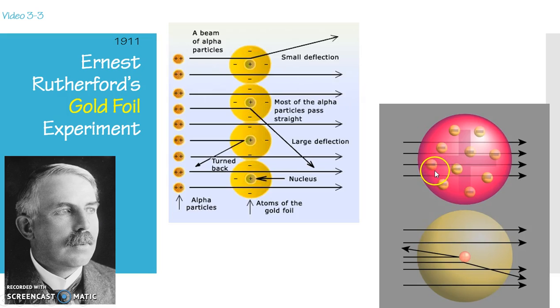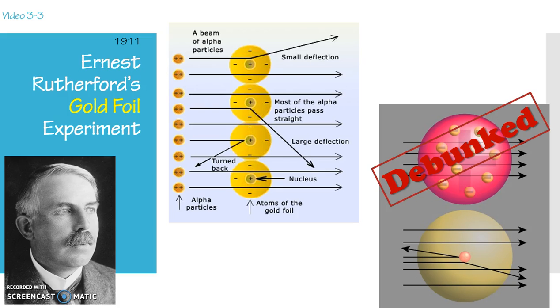So in Thomson's model, he just expected it all to go through because this positive mass in here, evidently they didn't think was really hard, and that would just go through it. But they learned that this small dense nucleus is strong enough and solid enough to bounce back those alpha particles.